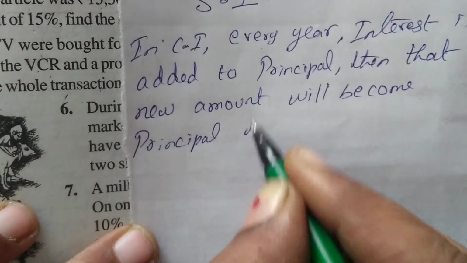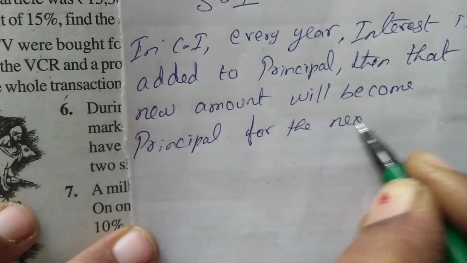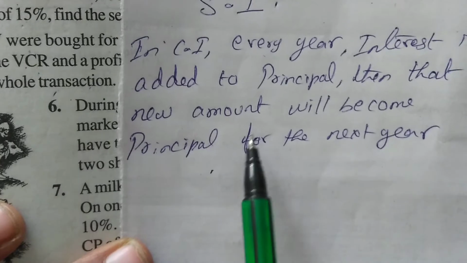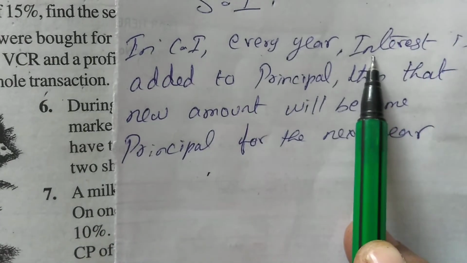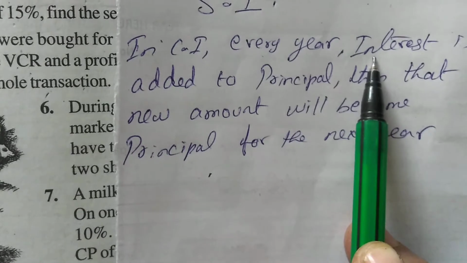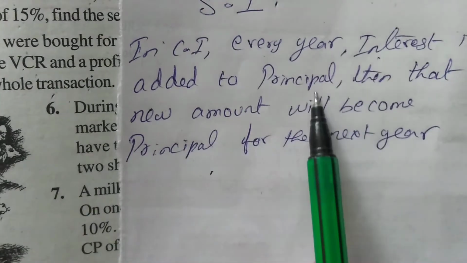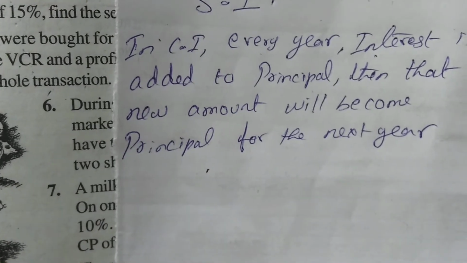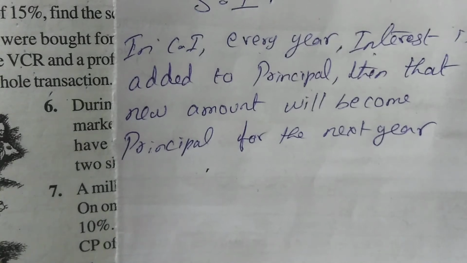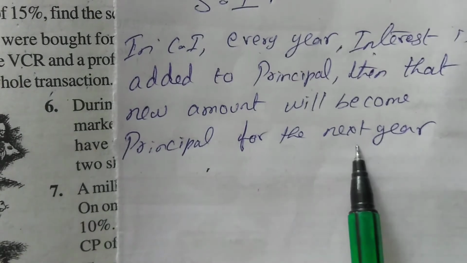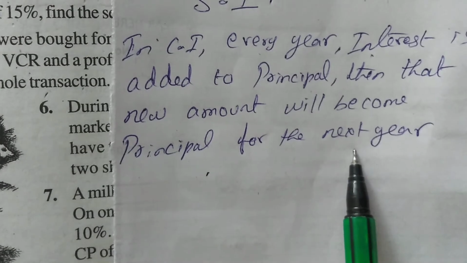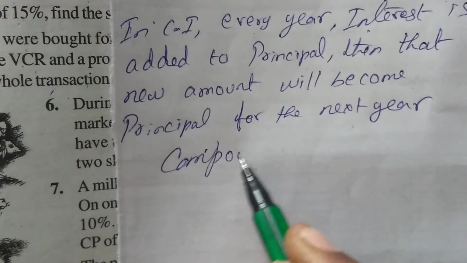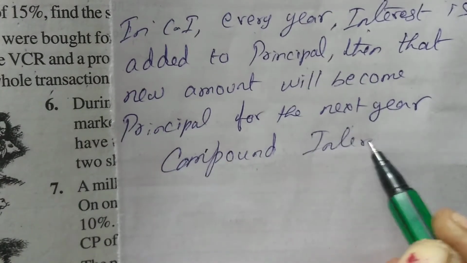So here principal changes every year. Because every year we calculate interest and add it with the principal, the second year you will get principal plus interest, so for that you calculate interest. Then at the end of the second year, whatever interest we got, again we add with the principal. So the third year our principal changes. So the principal keeps changing every year for a certain specific time. This type of interest we calculate as compound interest, which we call CI.